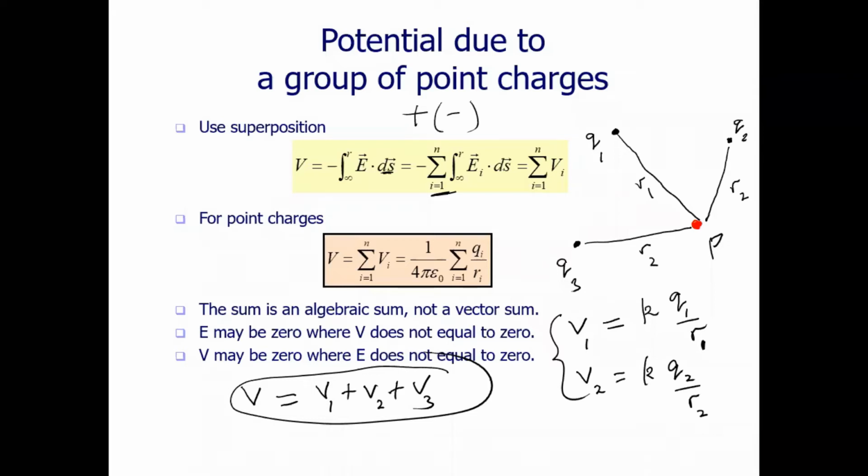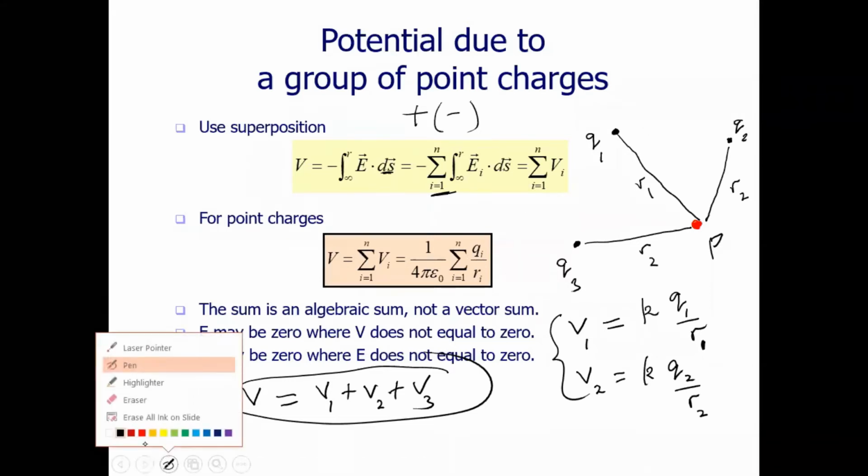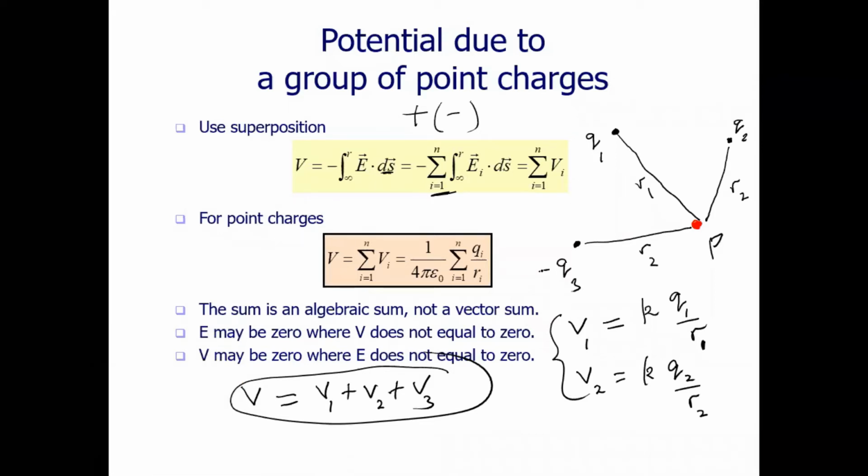Okay, yes. You know, when we talk about this, I said that the electric potential is basically an arithmetic sum. So what does the word arithmetic sum mean? It means that if one of the charges is negative, the potential that it contributes at this point P will be negative.